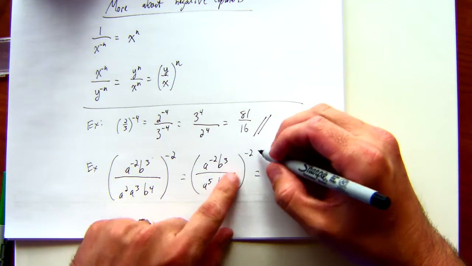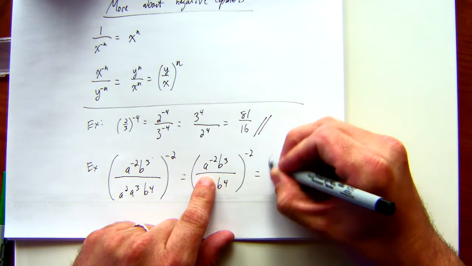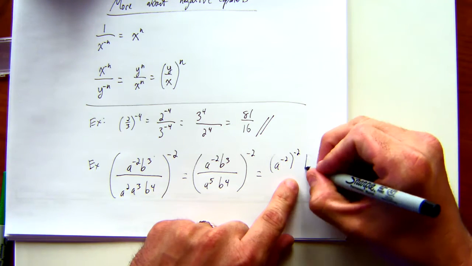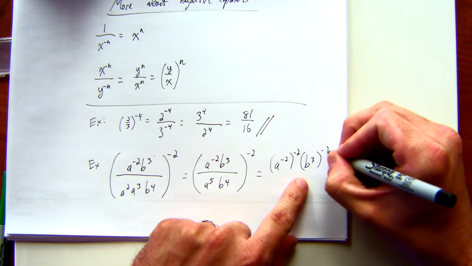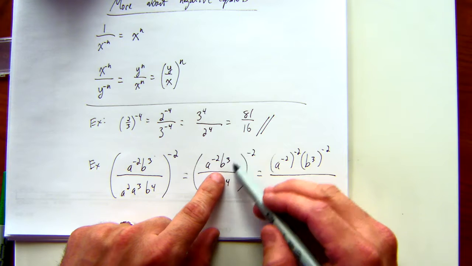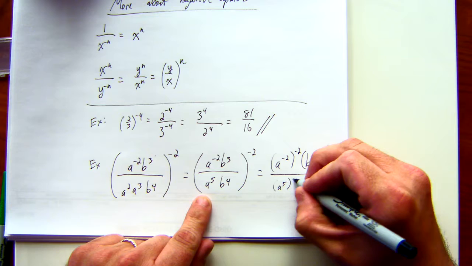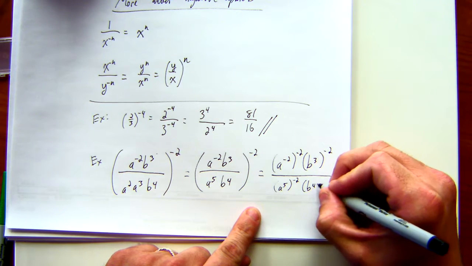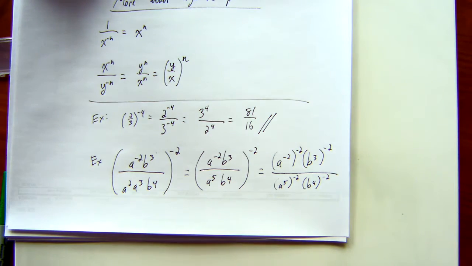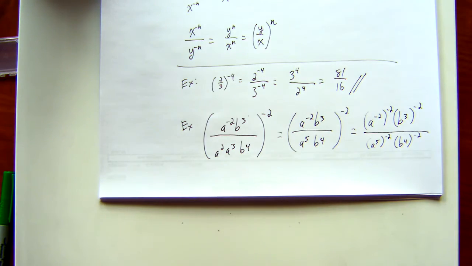So again, the negative exponent, I could write it this way: a to the negative 2 raised to the negative 2, b cubed raised to the negative 2, this term raised to the negative 2, this term raised to the negative 2, a to the 5th, negative 2, and then b to the 4th to the negative 2. Now there's oftentimes more than one way to simplify these things, but I'm trying to go step by step.